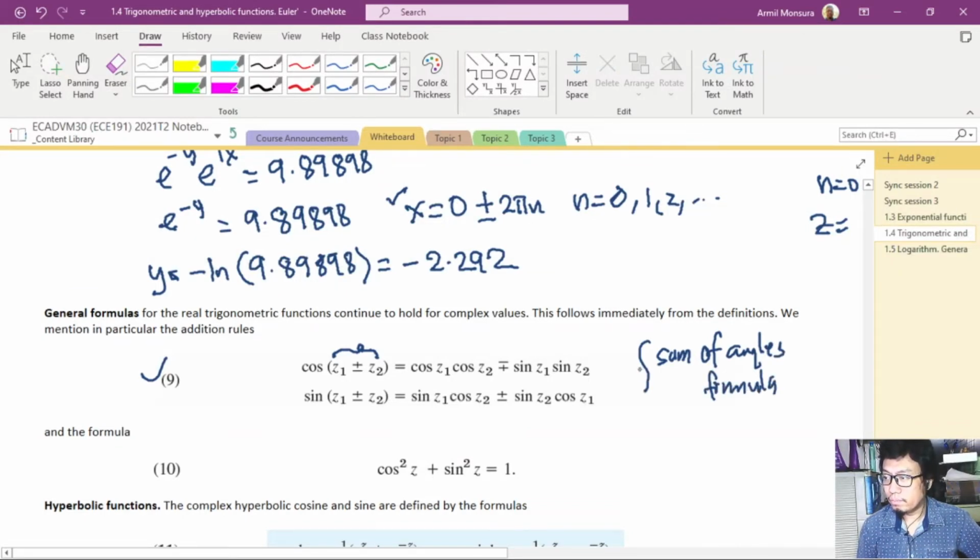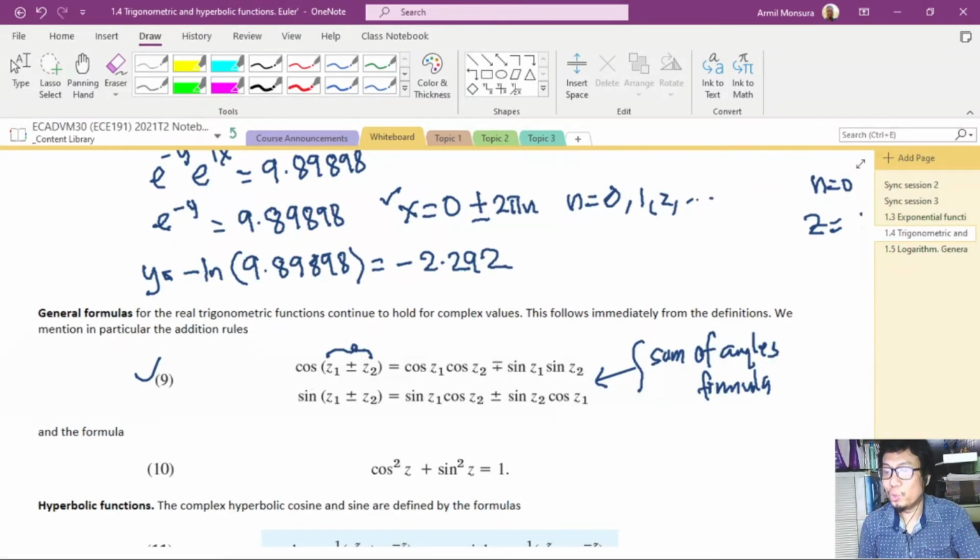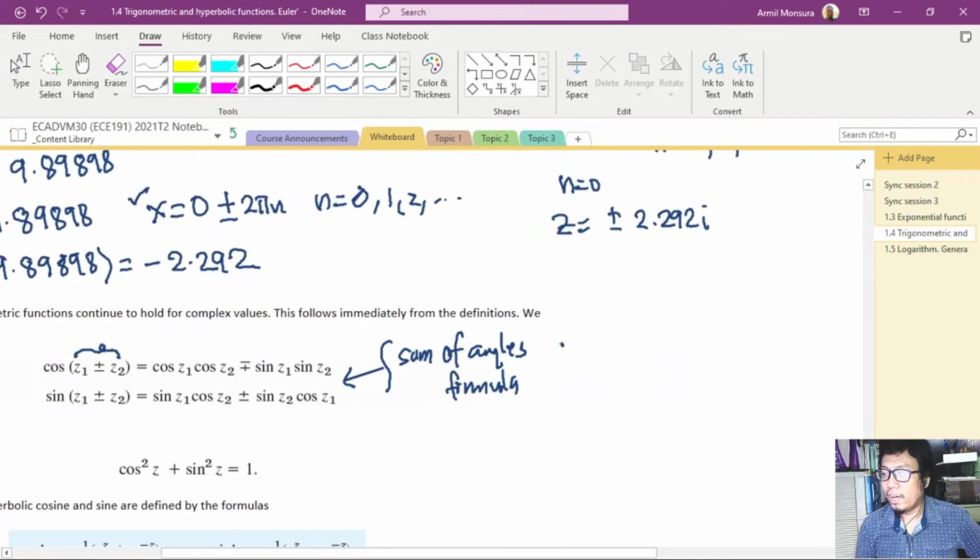These are the analogs of these formulas in the complex domain. This is what I showed you earlier, where we got cosine of alpha plus or minus beta. This is in terms of real numbers.